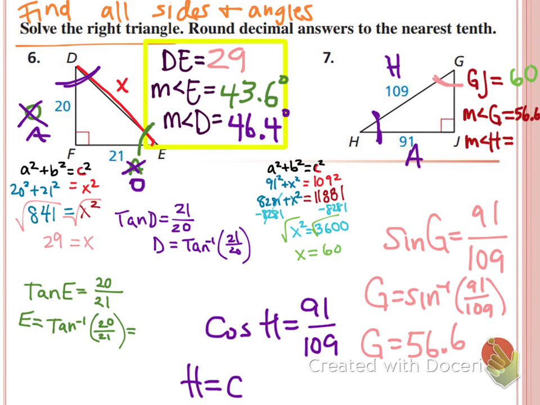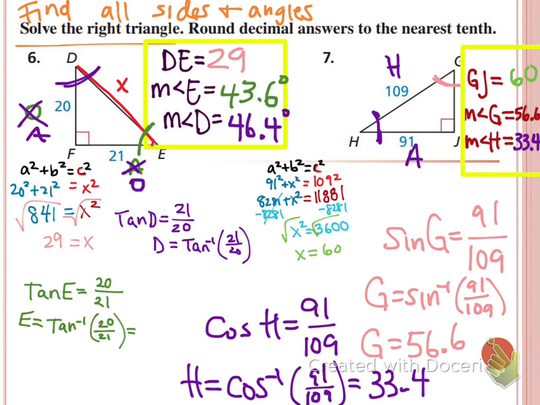To get the angle by itself, use the inverse of cosine of 91 over 109. What do we get? 33.4. Good. Ta-da!